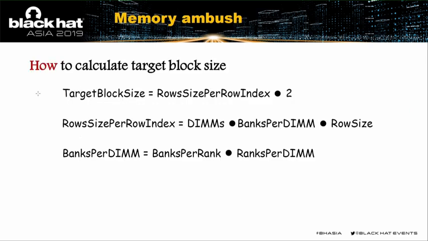To determine the size of target blocks, we have 3 equations. The size of a target block should be twice the size of all the rows per row index, and the size of all the rows per row index is further determined by the number of DIMMs, the number of banks per DIMM, and the size of a single row in a single bank.